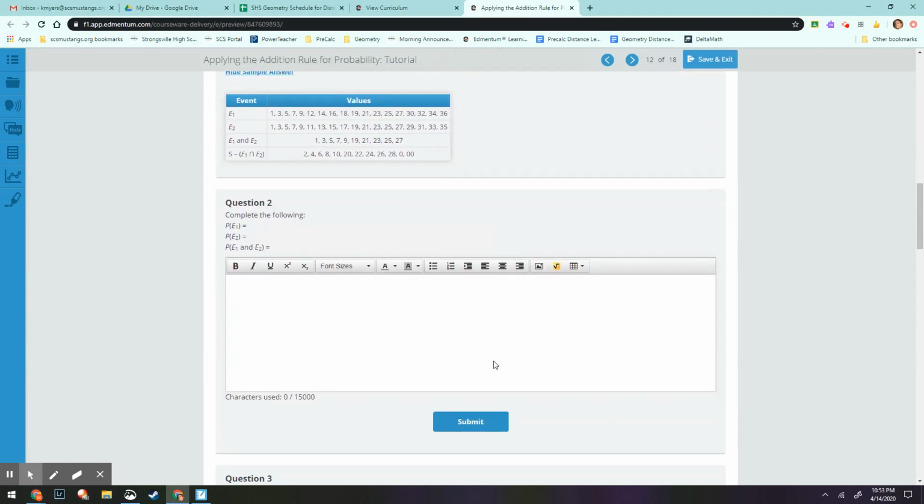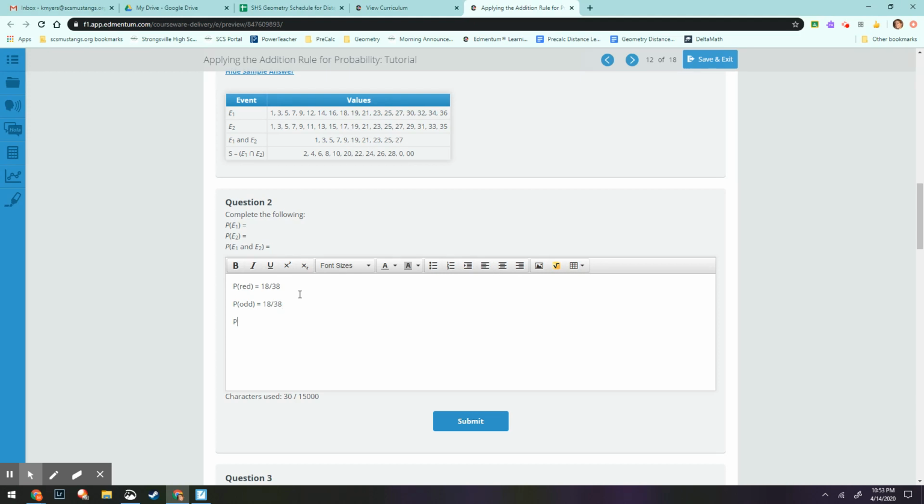So now for question number 2, the probability of E sub 1, remember it's the probability of red. We had said earlier there were 18 red options and 38 total choices. The probability of E sub 2 is the probability that it's odd. And again, if you count up, there are 18 odd numbers and 38 total possibilities.